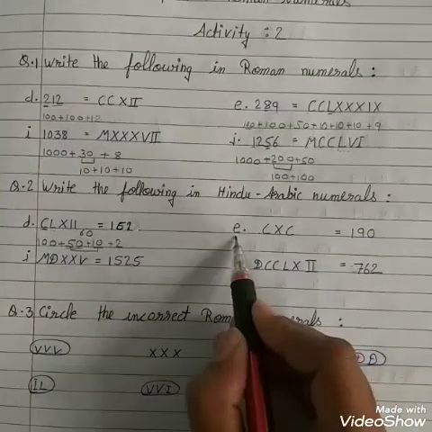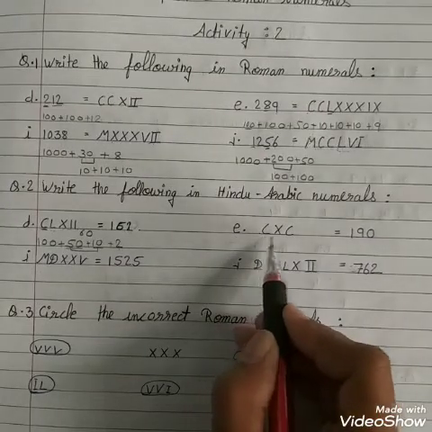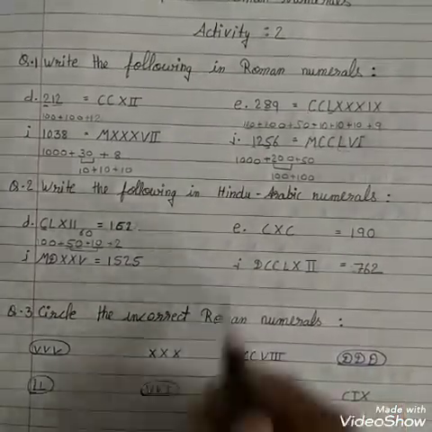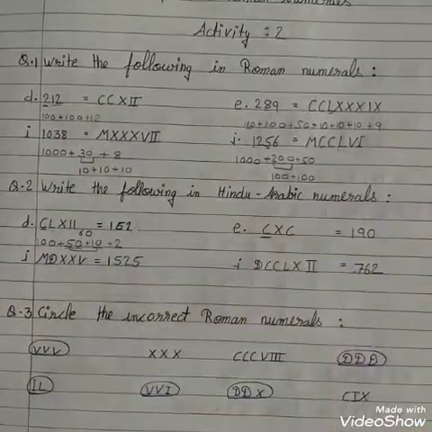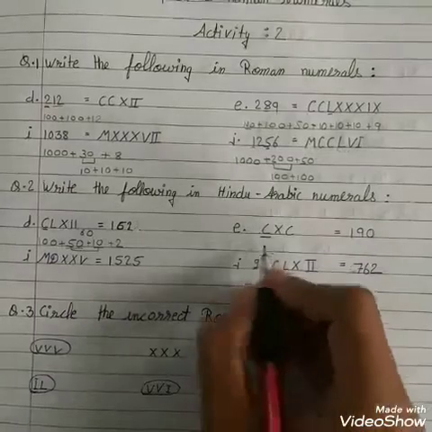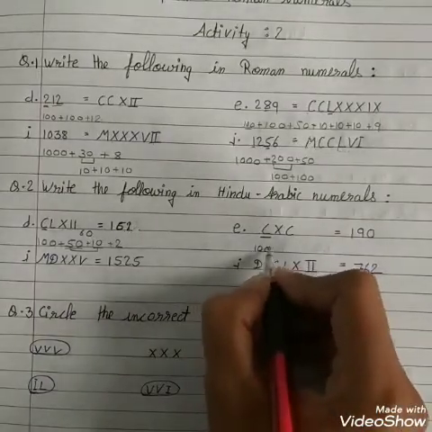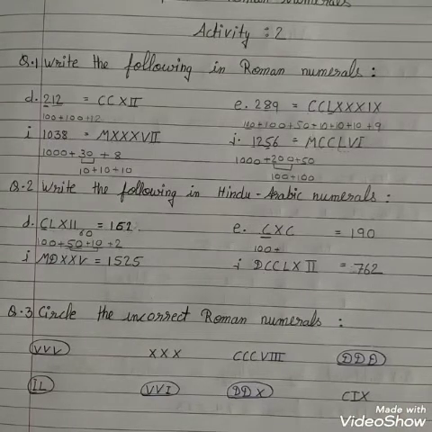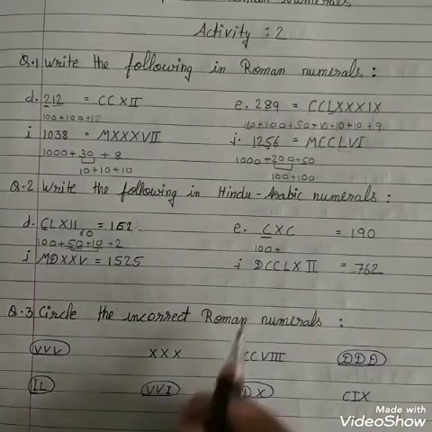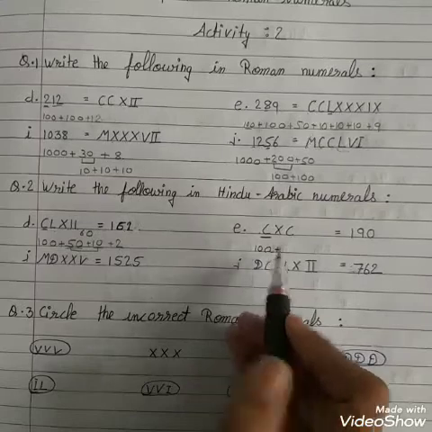Next E. We have capital C, X and C. What do we write for C? Yes, we write 100. Okay students. And in Roman numerals, I told you before also, we have some rules.